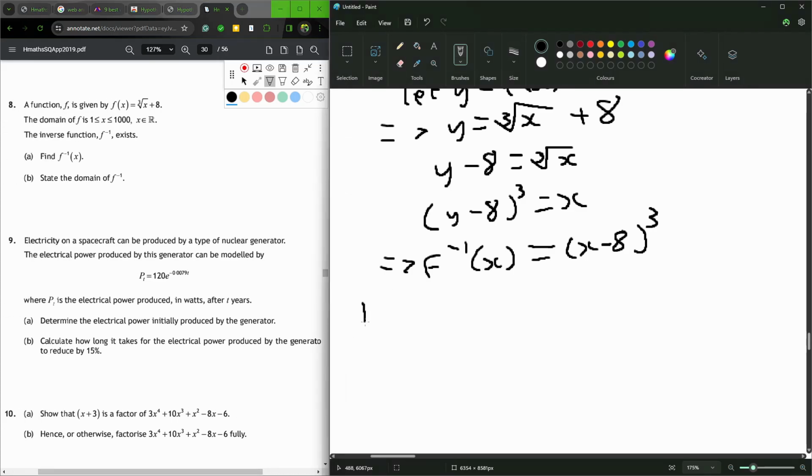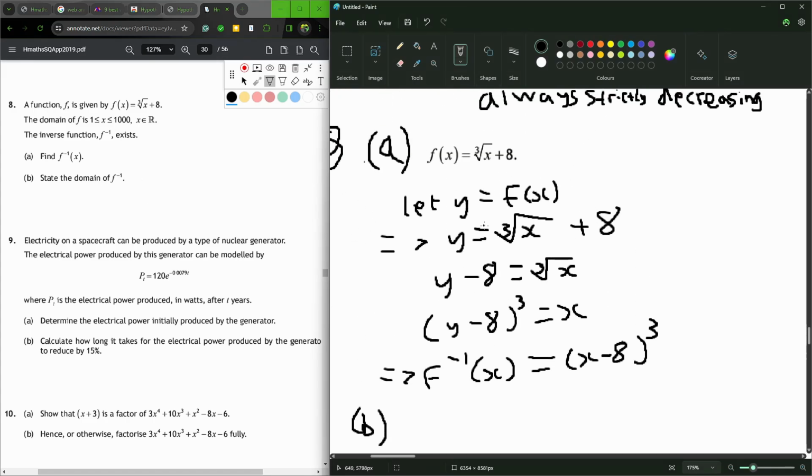So then we need to figure out the domain of this new inverse function we've created. So the domain is stuff that you can feed into it. It's the values that you can throw into the function. Okay? Well, we already know the domain of the original function, right?